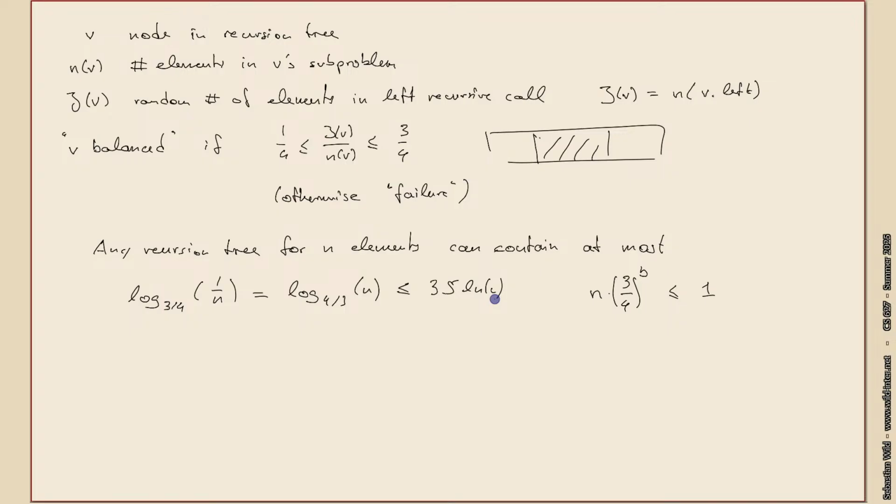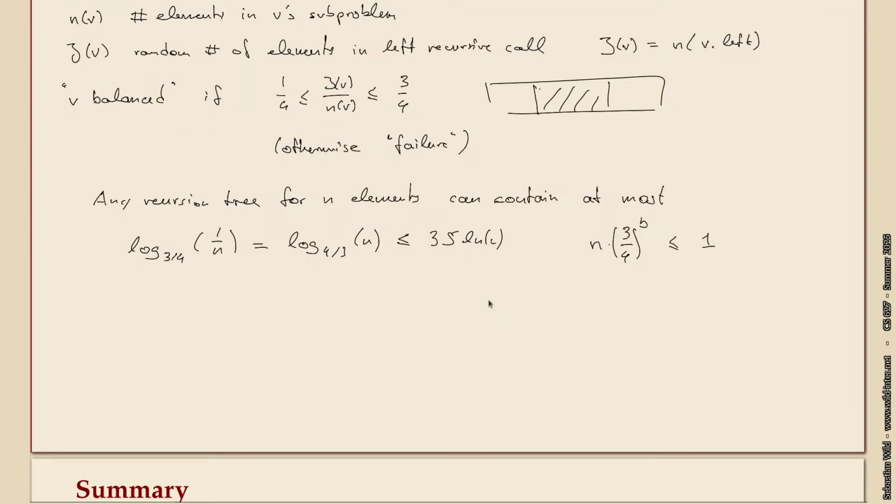Probably won't need that because we don't do the full computation. So you can only have so many balanced nodes before the size of your tree reaches 1, and then you're at a leaf and you have to stop. The only way your tree can grow arbitrarily tall is by having unbalanced nodes all the time.